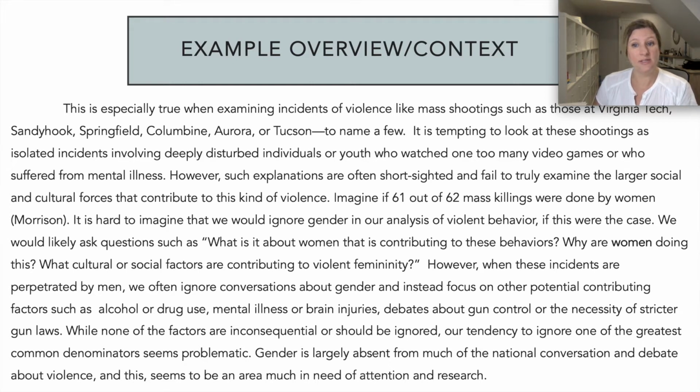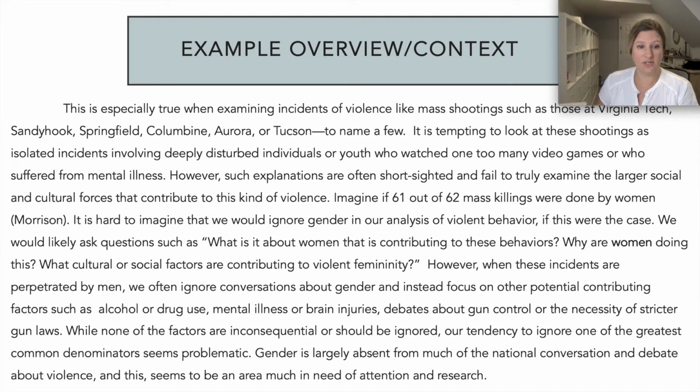They've given me the statistics to show that this is a necessary and important aspect of this conversation. And they've established that this piece is really missing from the current conversation that's happening, that there's not enough attention focused on this area, and that establishes the need for this research project. So overall, this is a really strong example of the overview and context section of the research proposal.